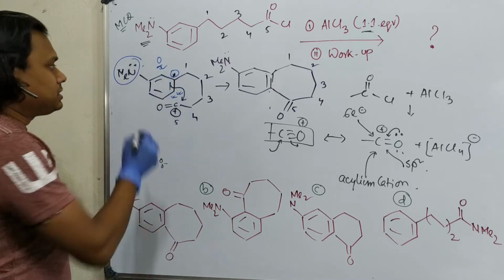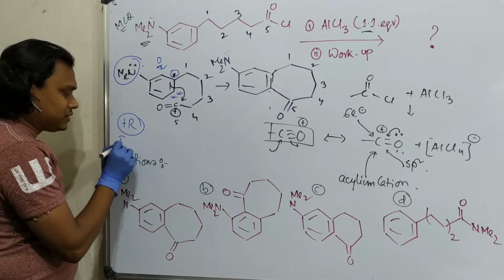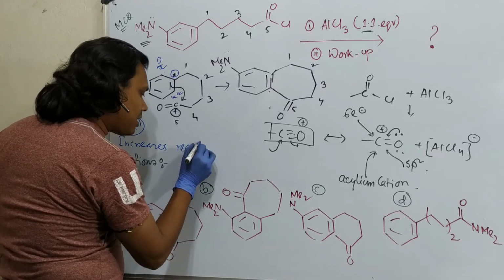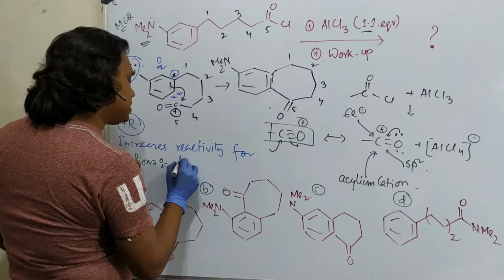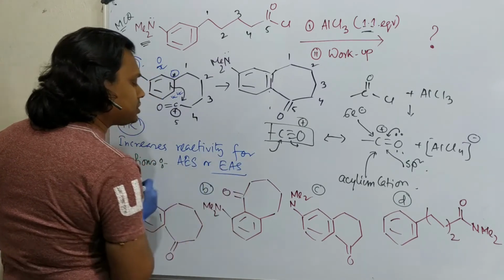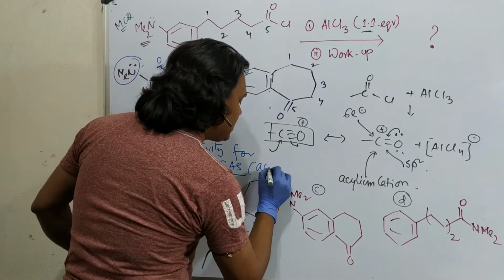We know this NMe2 has a plus R effect, and the plus R effect increases reactivity for aromatic electrophilic substitution, or sometimes people write electrophilic aromatic substitution. Fine, this reaction is nothing but actually acylation.